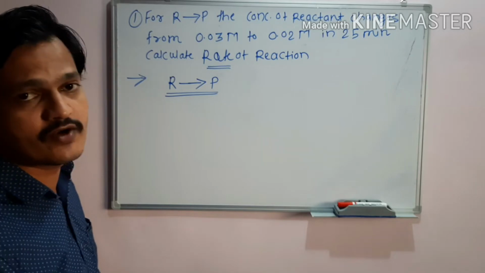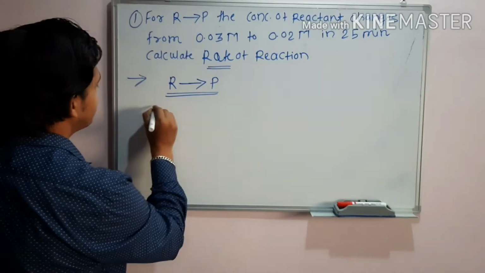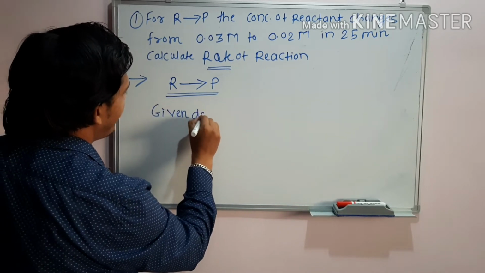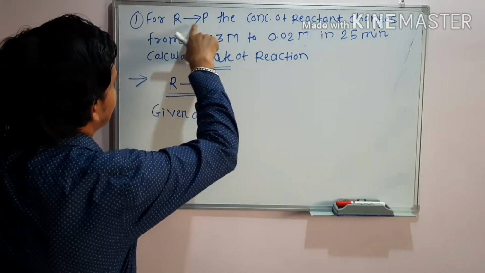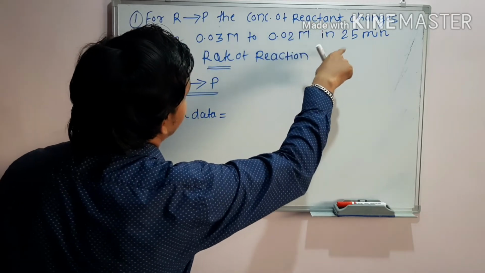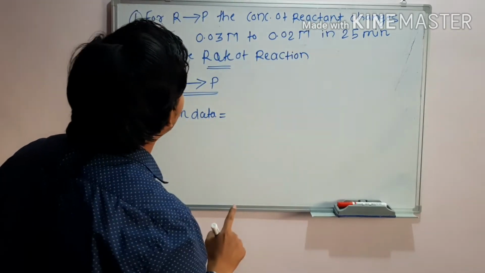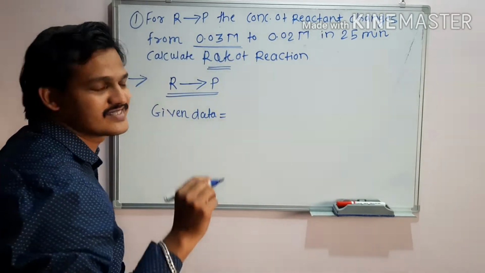So first of all we have to write the given data for this numerical. So what is the given data? For the reaction R gives P, the concentration of reactant changes from 0.03 molar to 0.02 molar. It means 0.03 molar is the initial concentration.